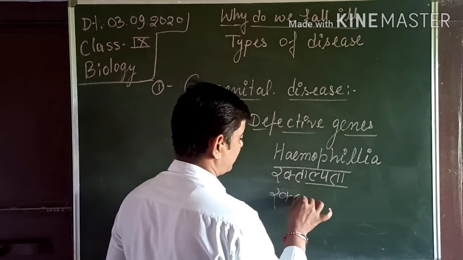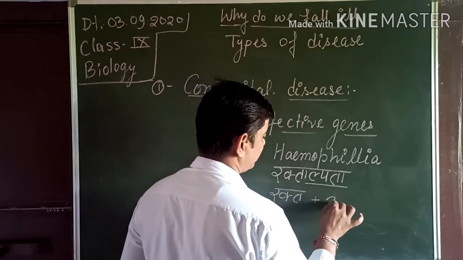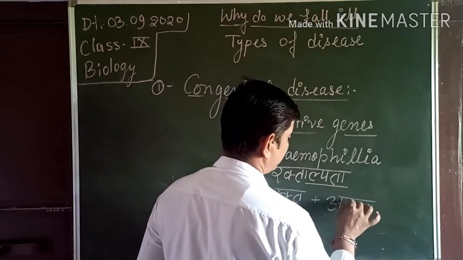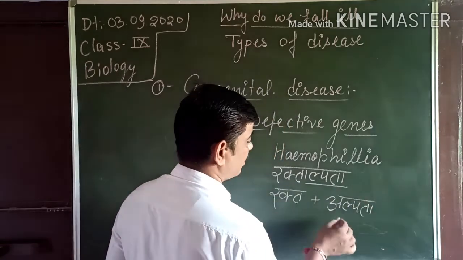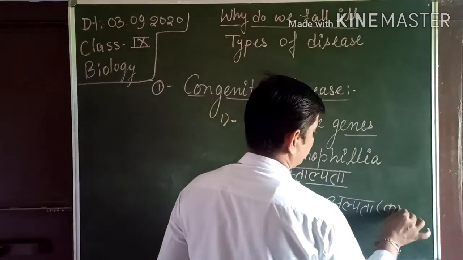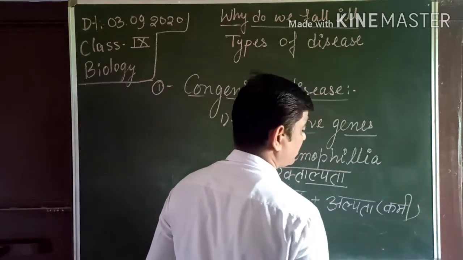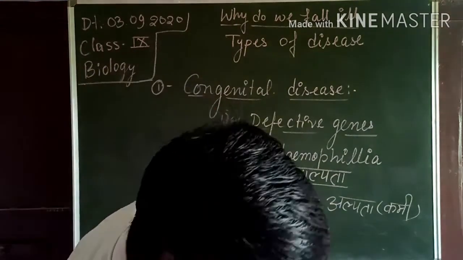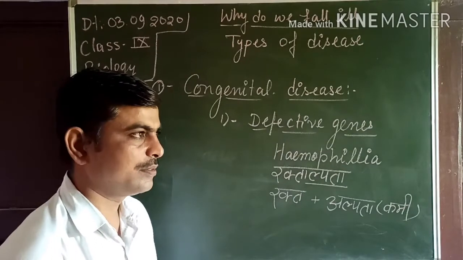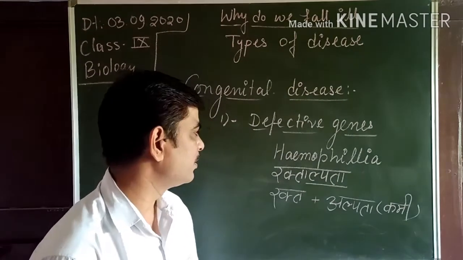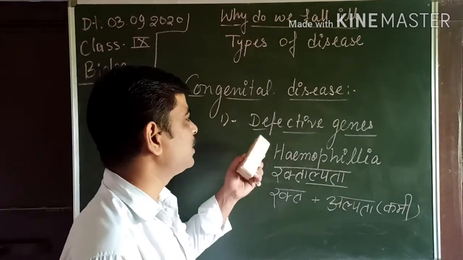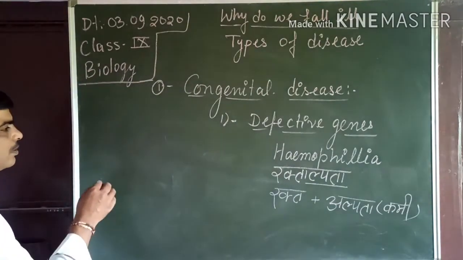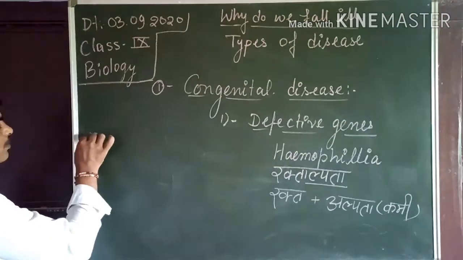Rakt means blood. Alpata means coming. Okay, so we also often see sickle cell anemia. Okay, so this disease happens in the body of human beings because they receive the defective genes from the parents.